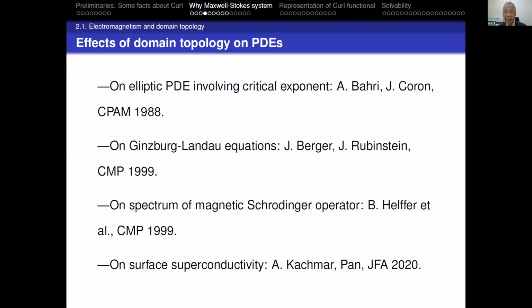And in 1999, Bethuel and Rubinstein studied the domain topology effect on the Ginzburg-Landau equation, and Bernard and his collaborators studied the domain topology effect on the spectrum of the magnetic Schrödinger operator. And last year, jointly with Neumann, we studied the domain topology effect on surface superconductivity.